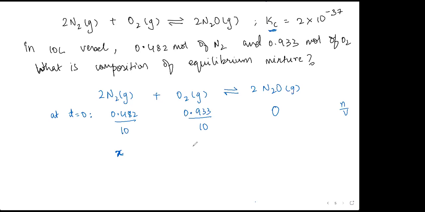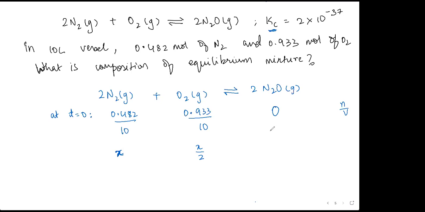X by 2. Very good. Stoichiometric coefficients: for every 2 moles, you need 1 mole. So if X moles of N2 have reacted, then X by 2 moles of oxygen would have reacted.